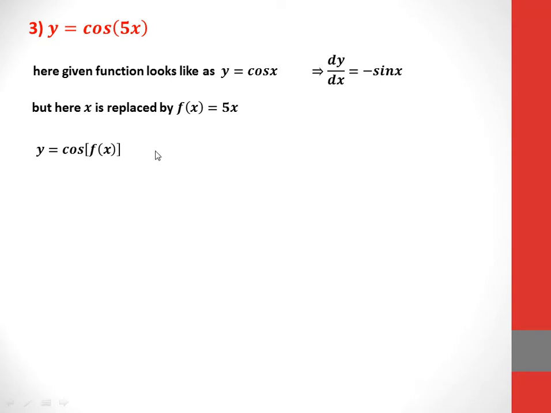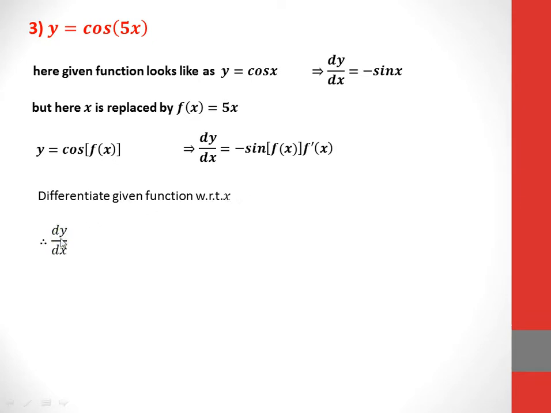So how will you get the derivative by the chain rule? See here, dy by dx is equal to minus sin f of x into f dash x. So take the derivative of cos as minus sin of f of x into f dash x. Okay, so differentiate the given function with respect to x. Now see here, dy by dx is equal to minus sin 5x into d by dx of 5x.